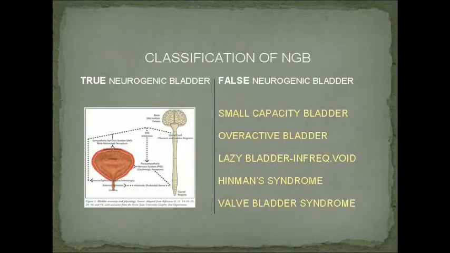As has been mentioned in the morning session, the incontinent bladders can be grouped, and I like to call them true neurogenic and false neurogenic. True neurogenic bladder is one where we can identify a neurological lesion, whether it's a lower motor neuron or a higher lesion, but a neurologic lesion is identifiable.